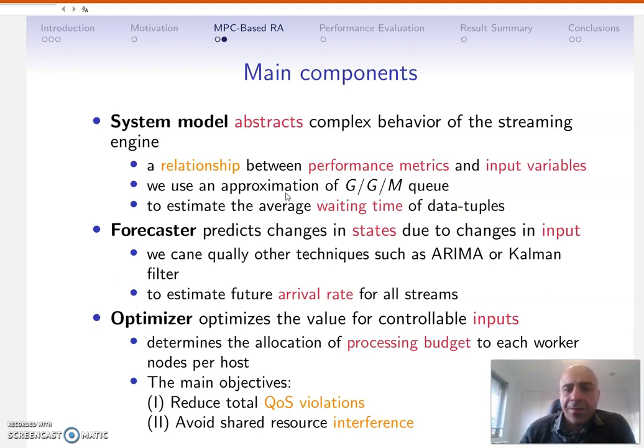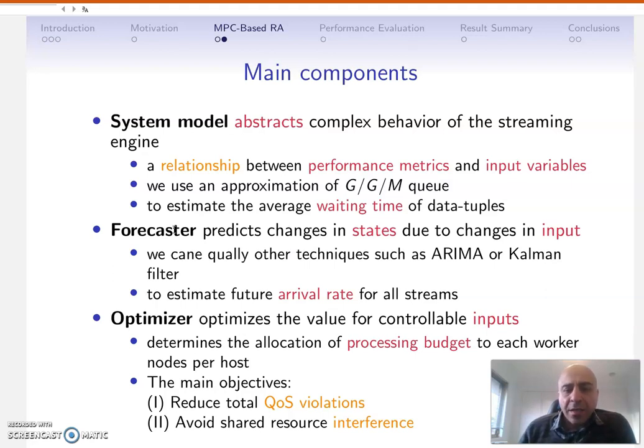Actually, we use the very famous G/G/1 queue approximation, introduced by some scientists 30 years ago in mathematics and performance modeling. This gives us a very good estimation of the average waiting time of data tuples per pane and per stream.